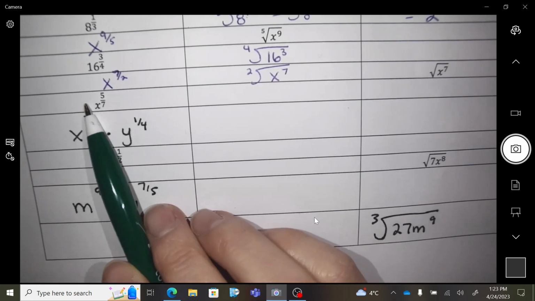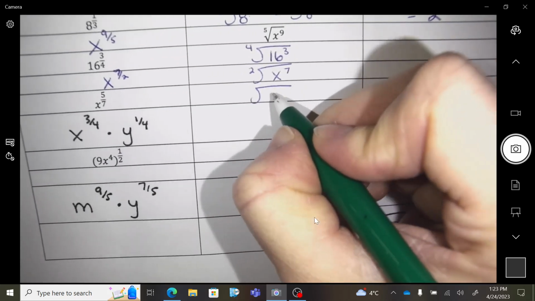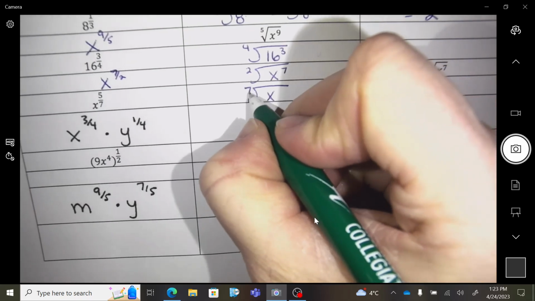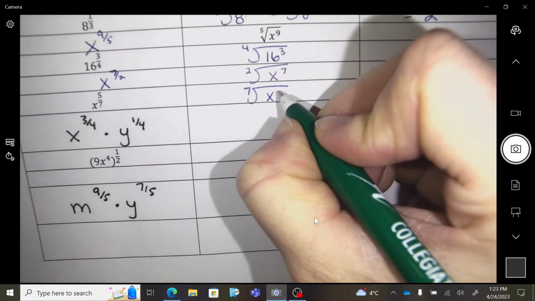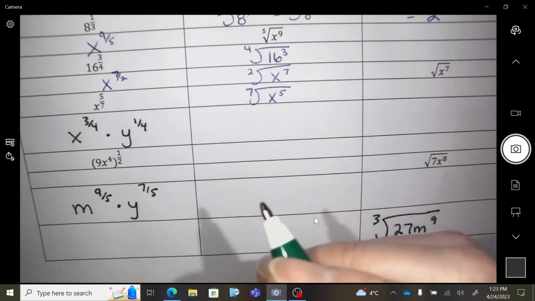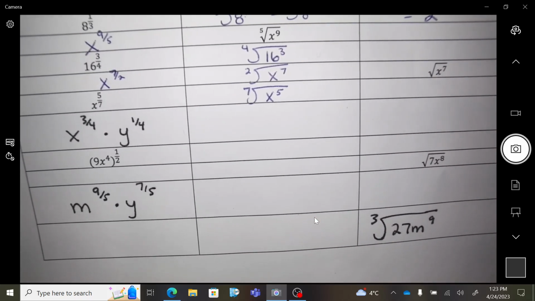Okay, how do I change this into a radical? So where did I put the 5 and where would I put the 7? 7th root of x to the 5th. Okay, the next one's a little bit tricky here.